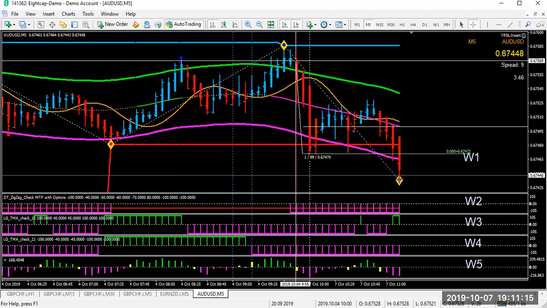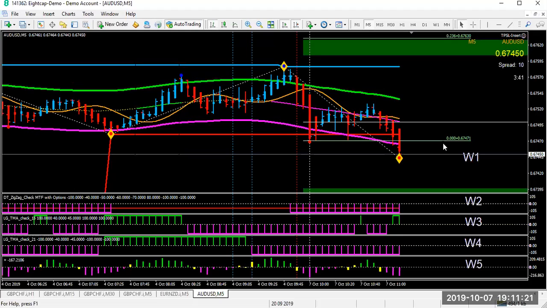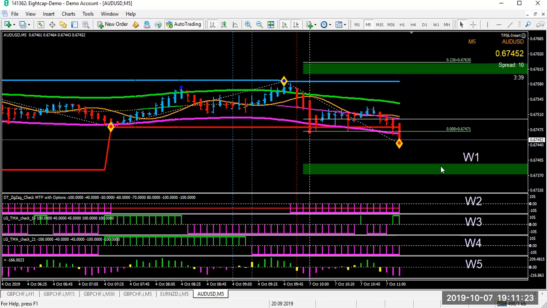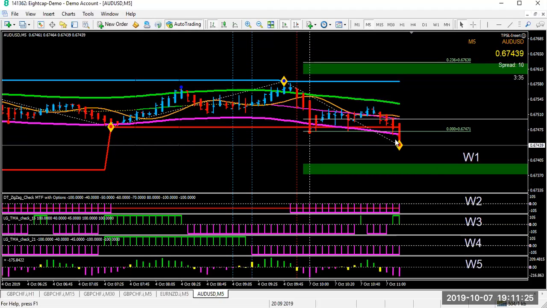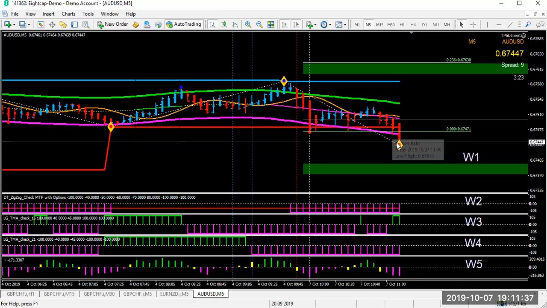Okay, so now it's gone outside the riverbank, and the riverbank here is pretty close to the open percentage, okay? So the price doesn't like to stay out of there too much.